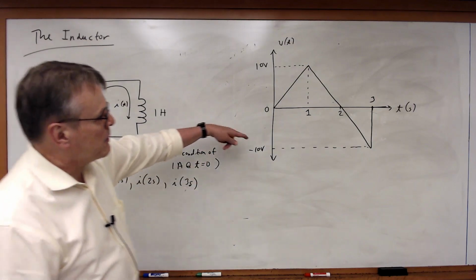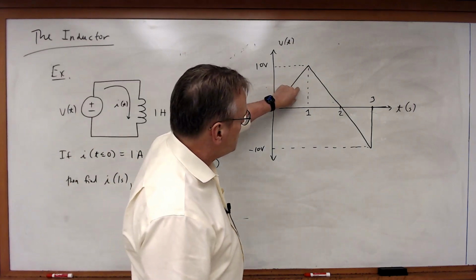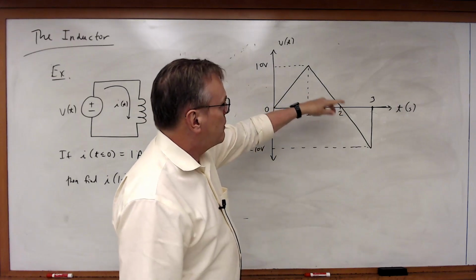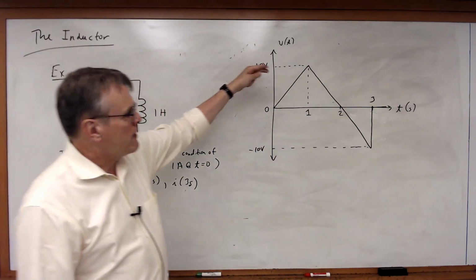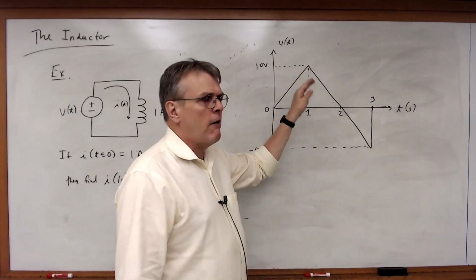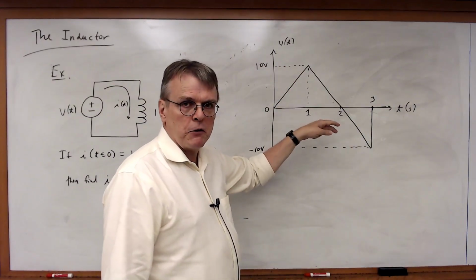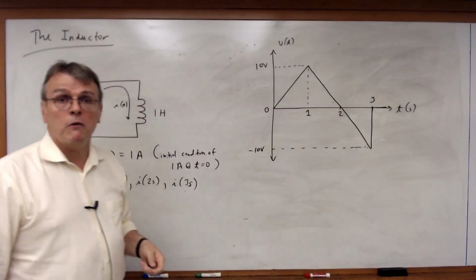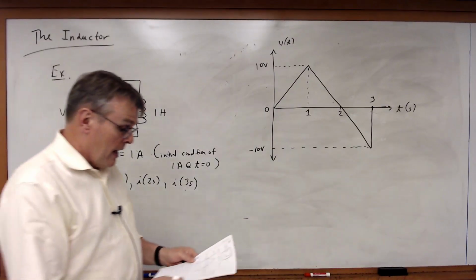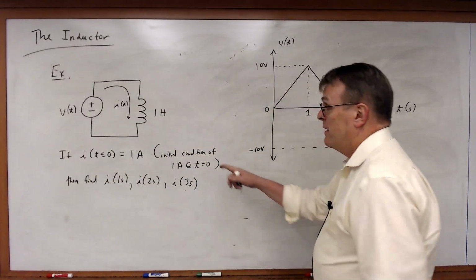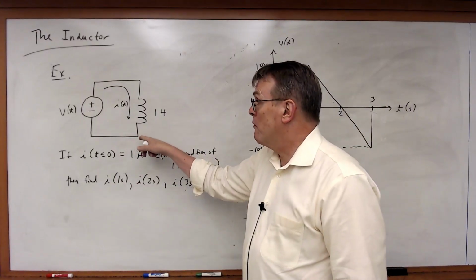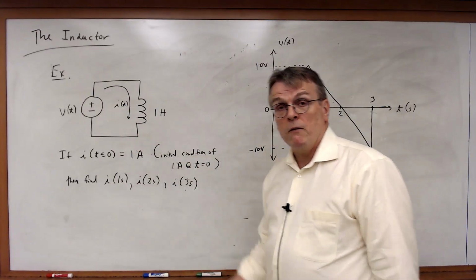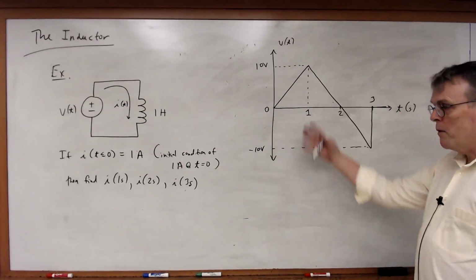The hard way is to go through, take each region, calculate the different functions for each region, write the expression for that function, and then calculate the integral. Because I'm going to need that, given that in this case the current is equal to 1 over L times the integral of the voltage. Or there's a simpler way.